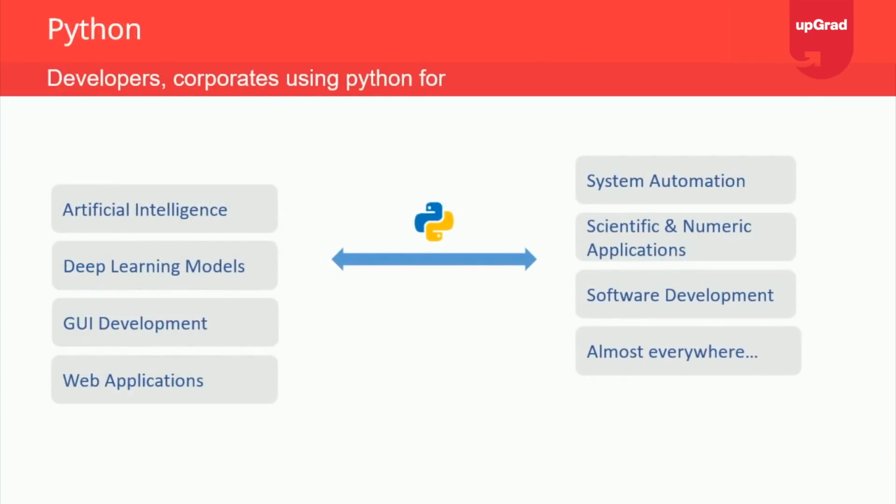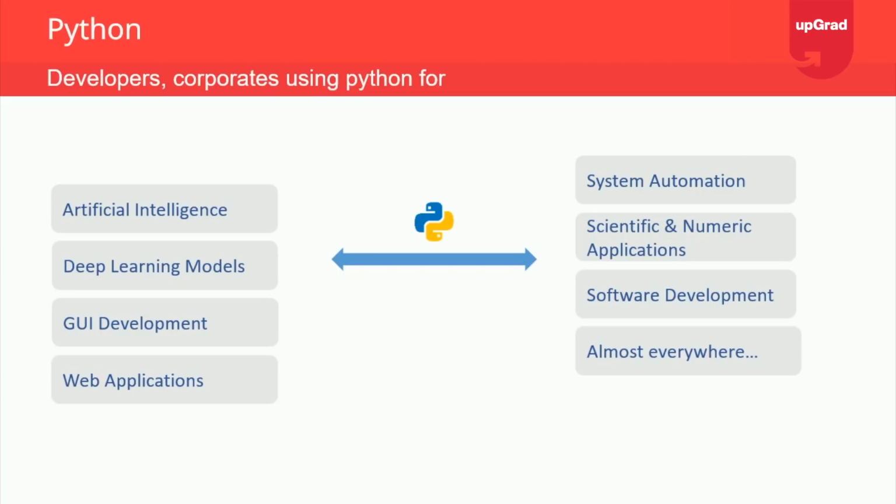Let us look at some of the areas of application of Python. Here, Python is being used in various domains such as artificial intelligence, deep learning models, GUI development, which is called desktop application development, web applications, system automation, and so on. So it has a wide usage in various domains.